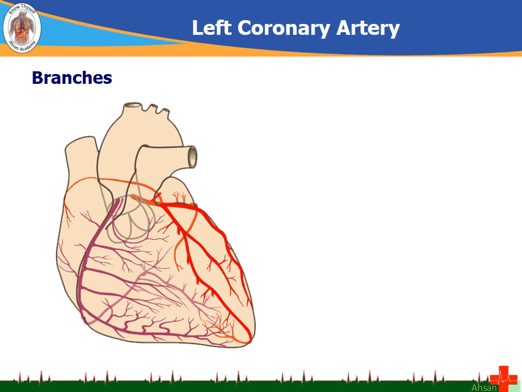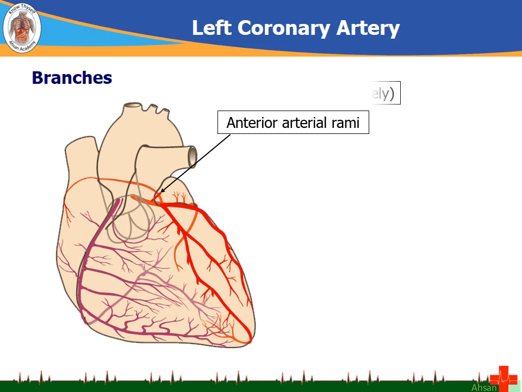Let us see the branches of the left coronary artery. The left coronary artery is very short, and this short course may have some branches. One is the anterior atrial rami. The anterior atrial rami arise mostly from the circumflex, but one or two branches may arise from here.